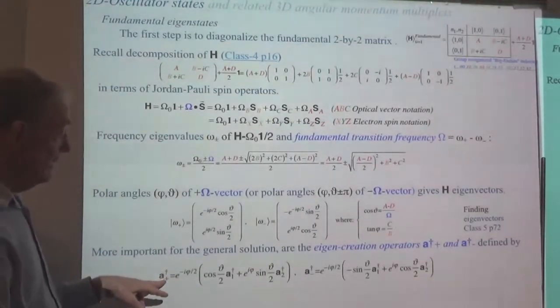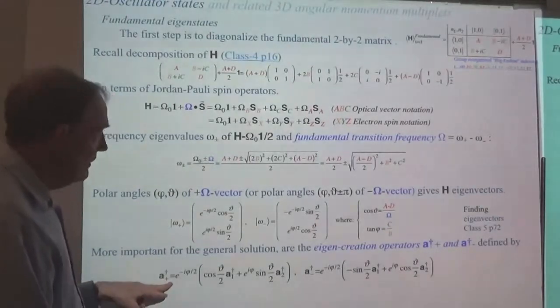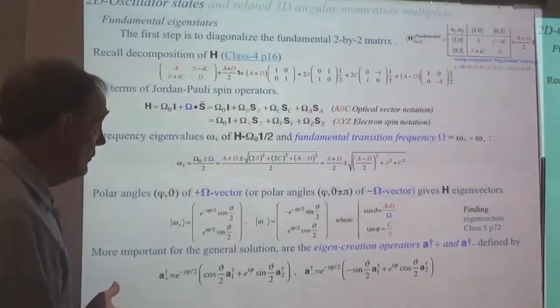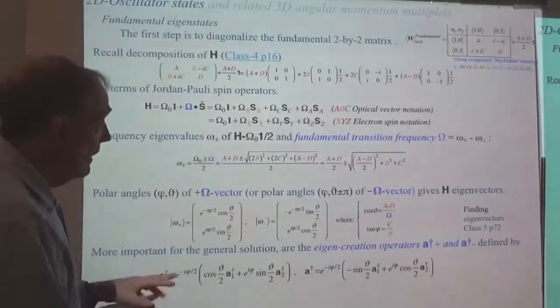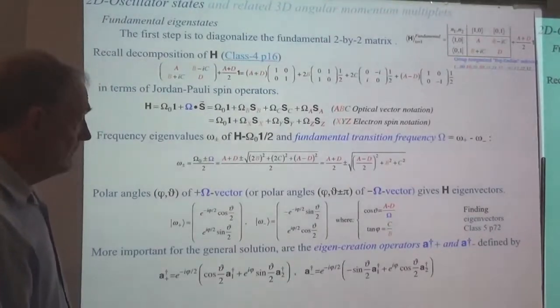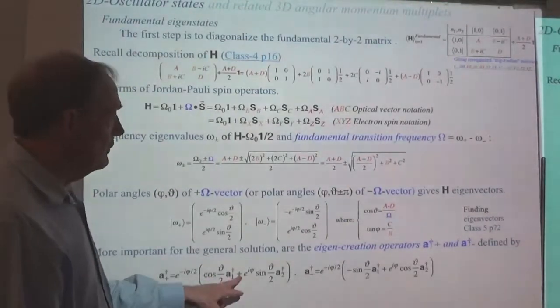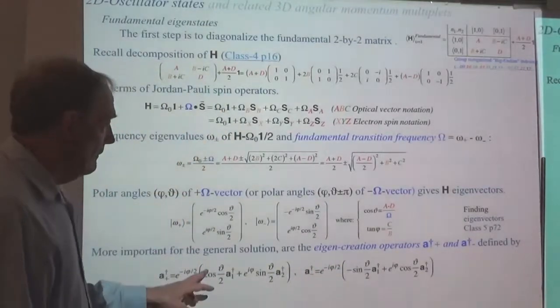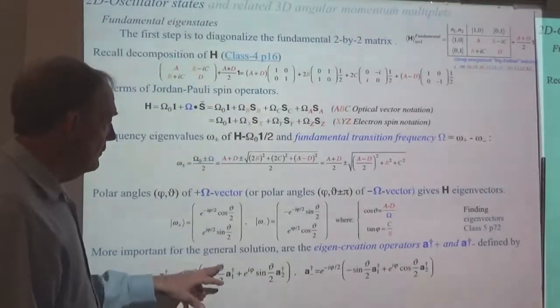We're going to have an A plus creation operator, we're going to have an A minus creation operator, which is simply made out of that crazy combination. In this case with a plus sign, in this case with a minus sign. That's all the difference there is.